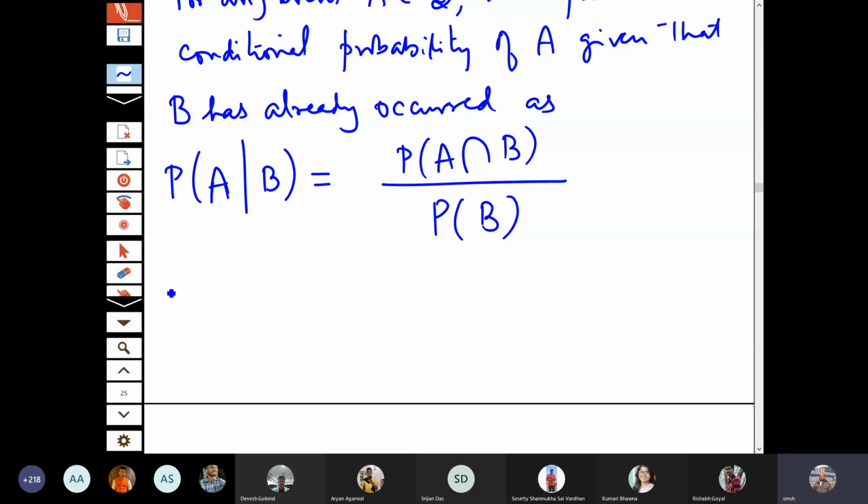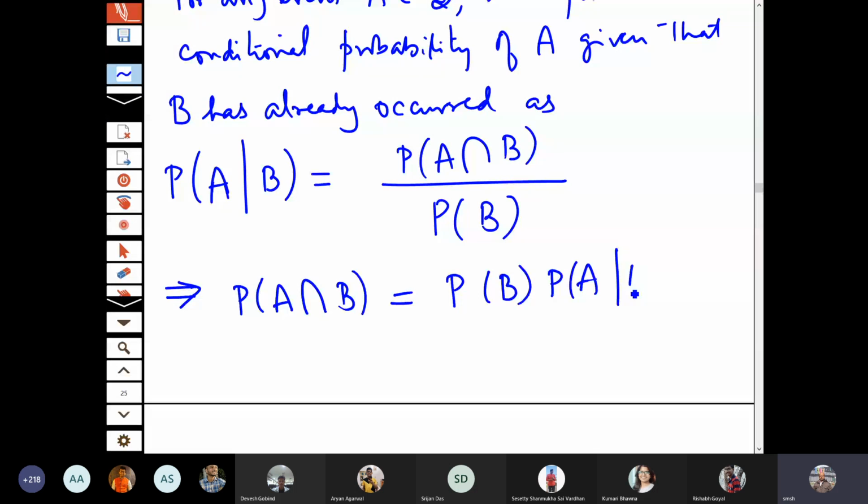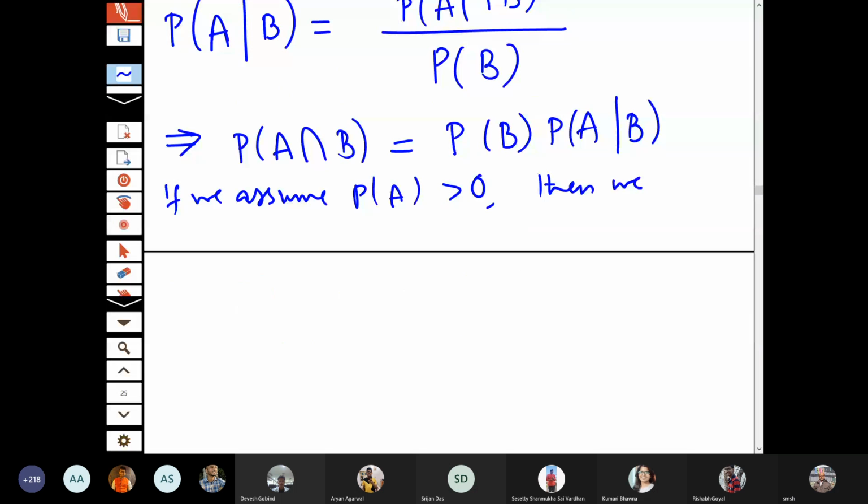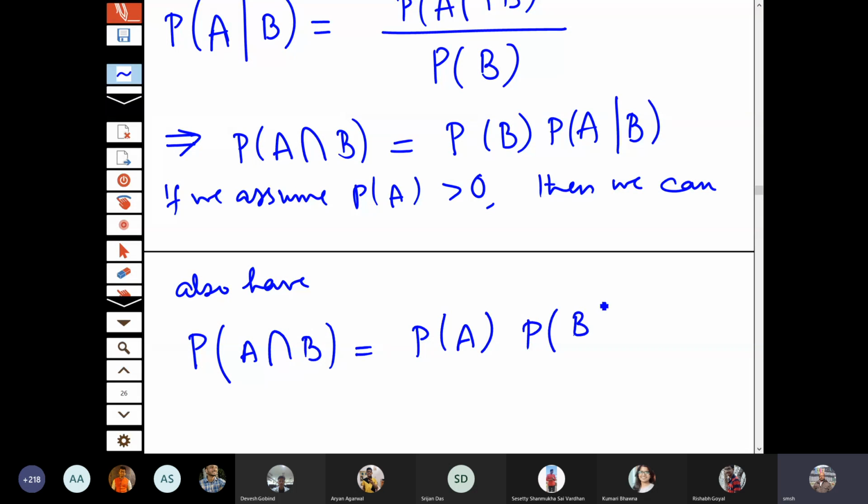For example, probability of A intersection B is probability of B into probability of A given B. If we assume probability of A is positive, then we can also have probability of A intersection B equal to probability of A into probability of B given A. You can write in the reverse way also.